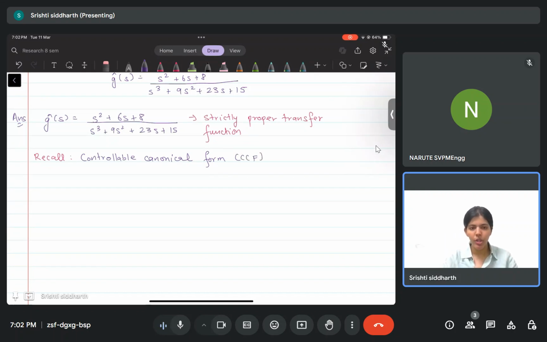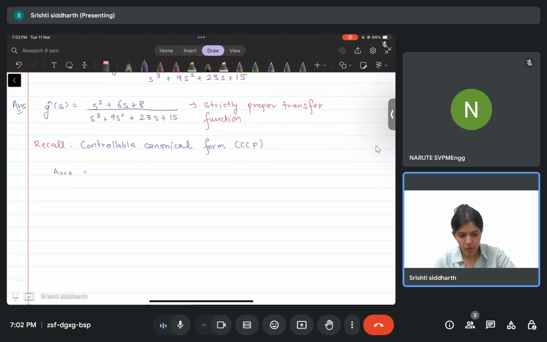Which means that we have a chain of integrators, and in the last row, we have the coefficients of the denominator of G hat of s. So in that case, we have A_CCF, let's say we have a third order system here. Firstly, the highest order of s in the denominator is 3.